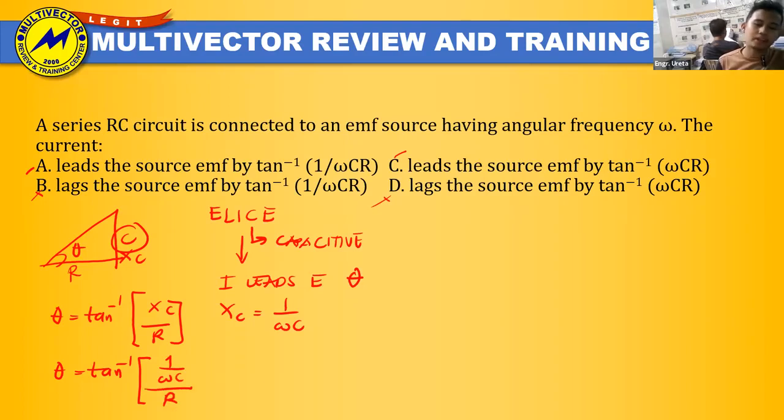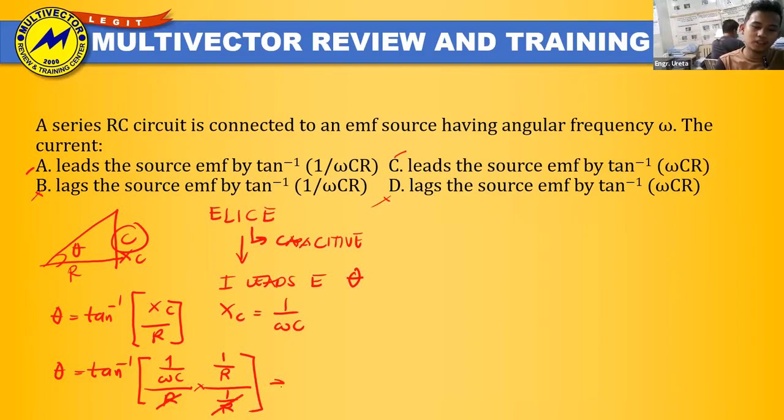Okay, so para ma-simplify natin to, pwede natin i-multiply yung numerator ng 1 all over R. Numerator, i-multiply din natin yung denominator ng 1 all over R, para 1 lang sila. So R multiplied by 1 all over R is 1.